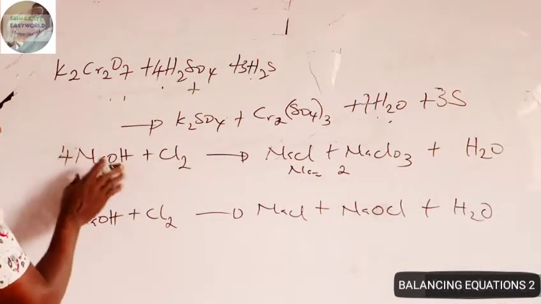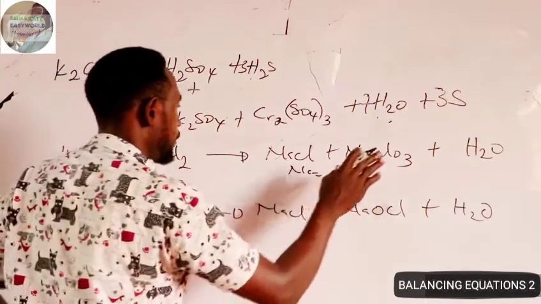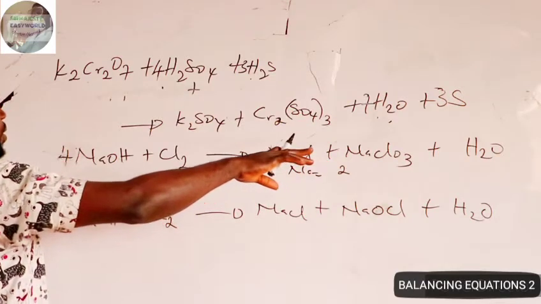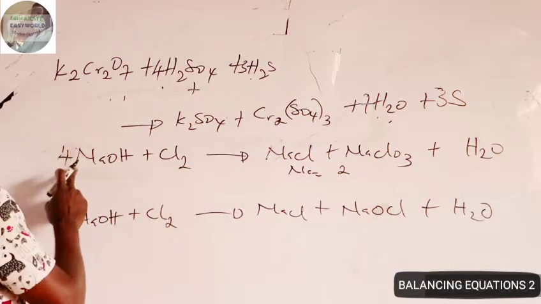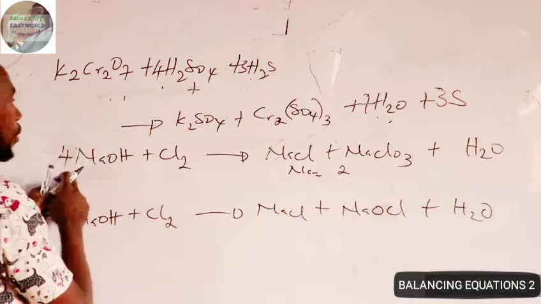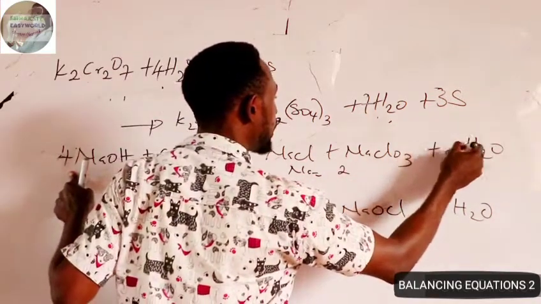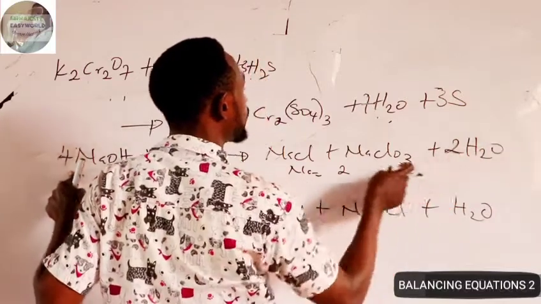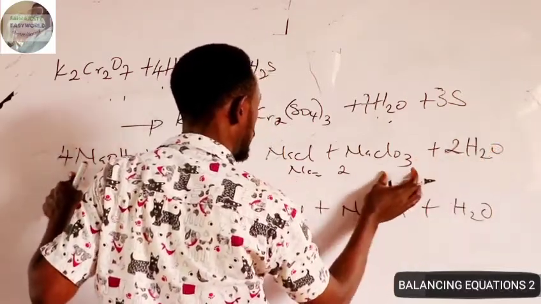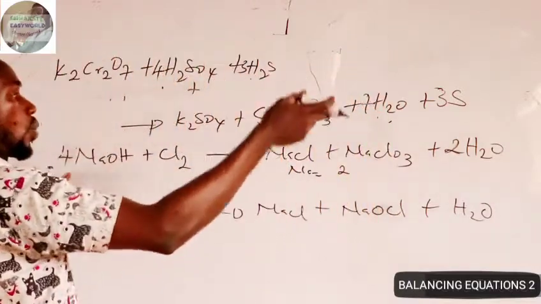If here is 4, automatically we have settled oxygen. But obviously 4 cannot balance it yet, because when you put 4 here, hydrogen is now 4, which means you have to put 2 here. Therefore, putting 2 here has increased the oxygen. We have now 2 plus 3, which is 5, which cannot work.